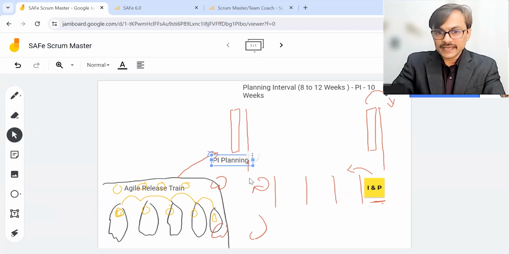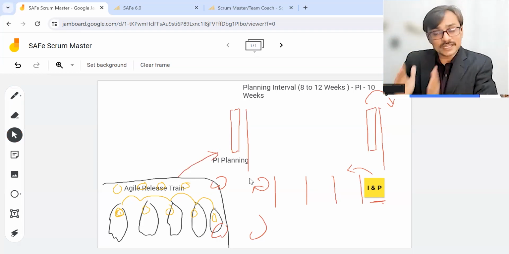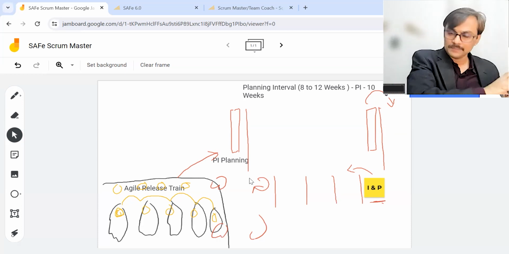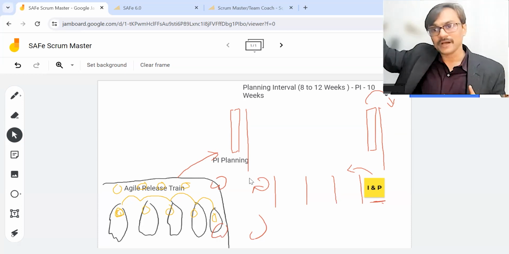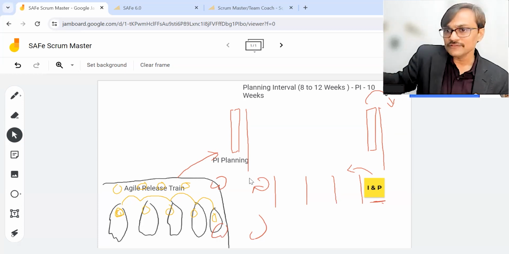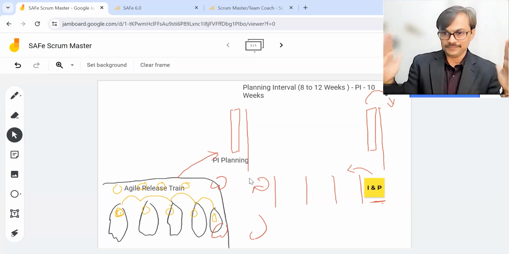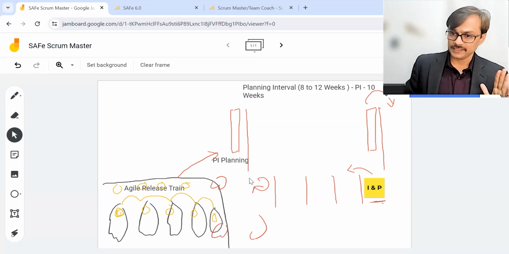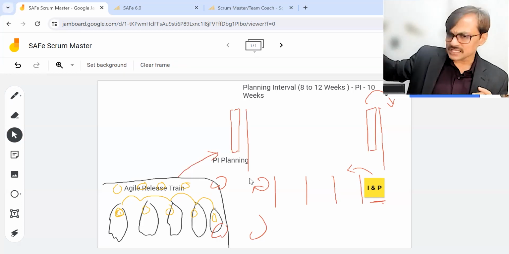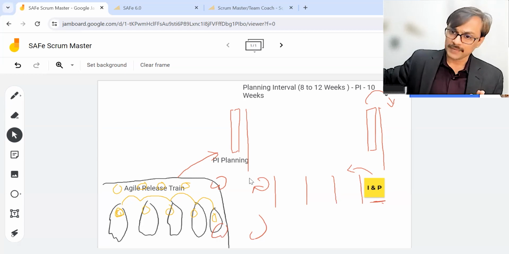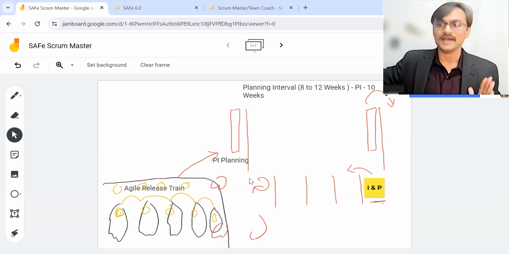So in the innovation and planning iteration, you do some cleanup work for the previous PI, and you plan for the upcoming PI. So I plan my next PI in the 10th week of the current PI duration. You can say the last 2 weeks are the innovation and planning iteration. And during the last few days of it, we finish the iteration by doing planning for the upcoming PI.